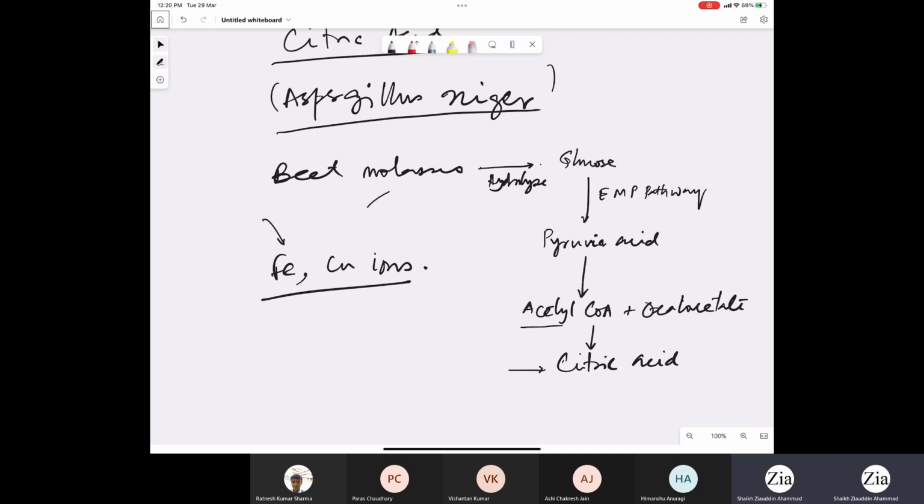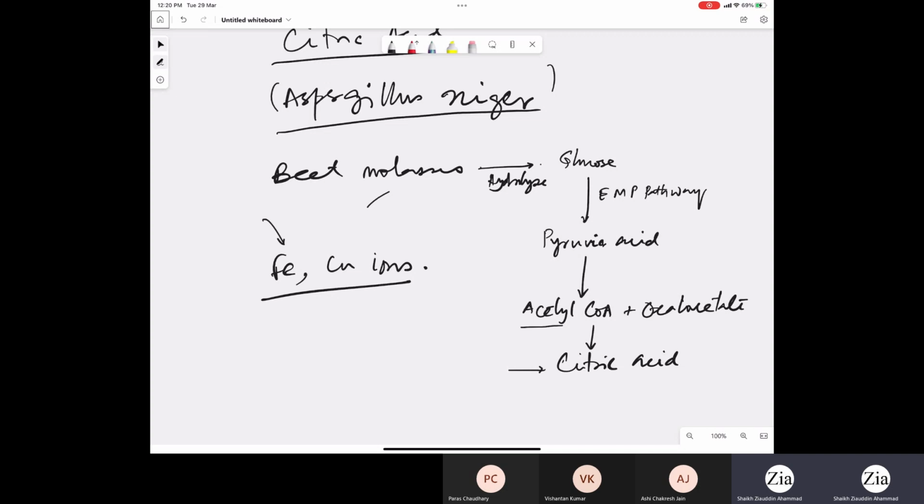So Aspergillus niger is one of the commonly used fungi to produce not only citric acid, many other enzymes are also produced from this same fungi. We mentioned hydrolysis, that beetroot molasses or beet molasses will get hydrolyzed.